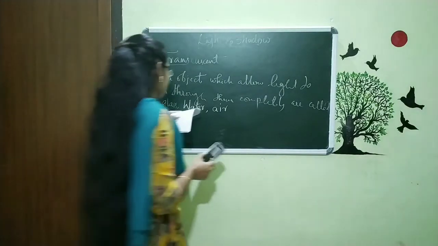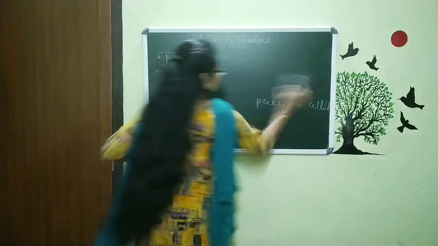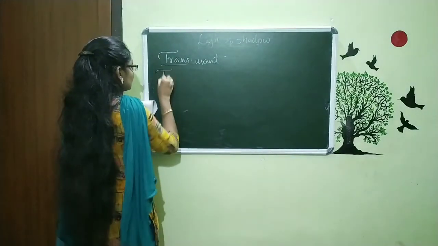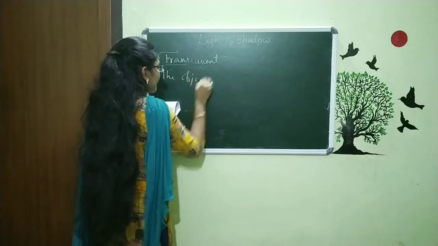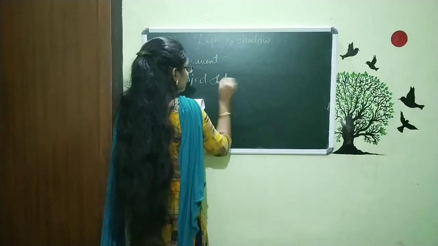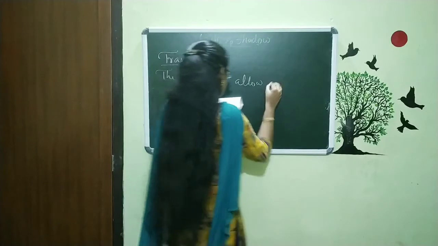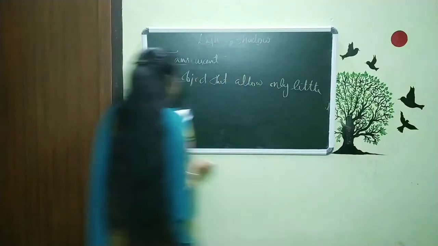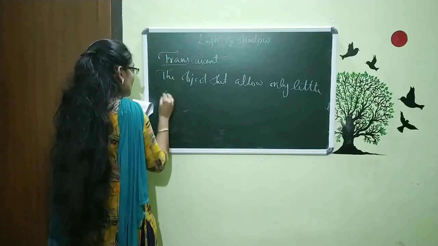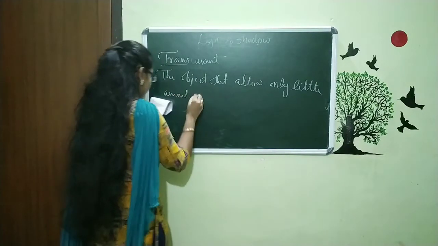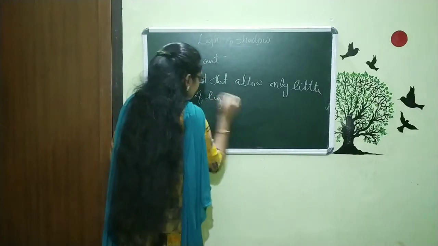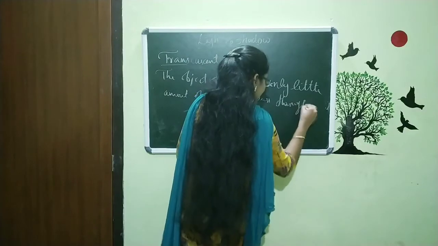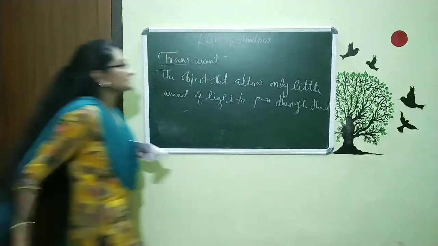Here the definition is this: the object that allow only little amount of light to pass through them are called translucent materials.